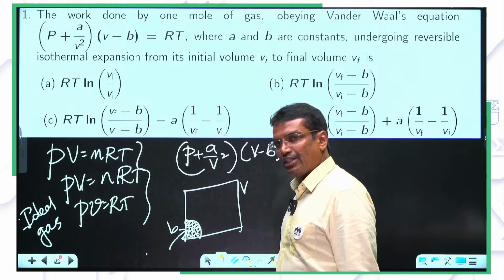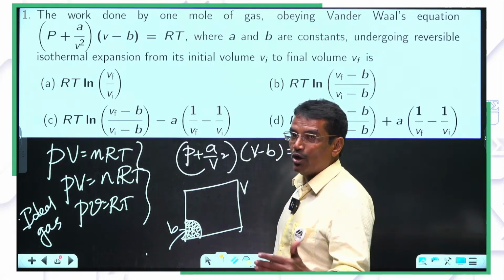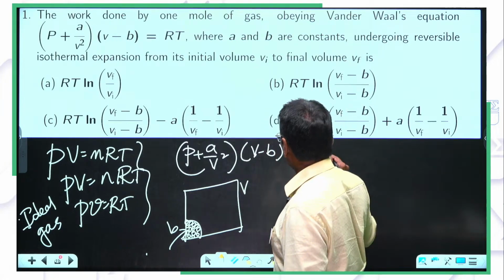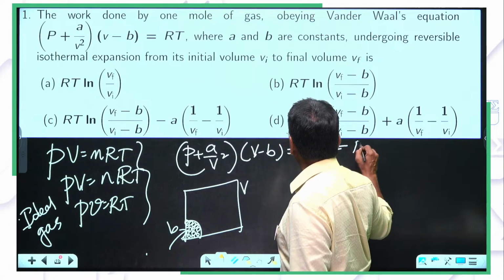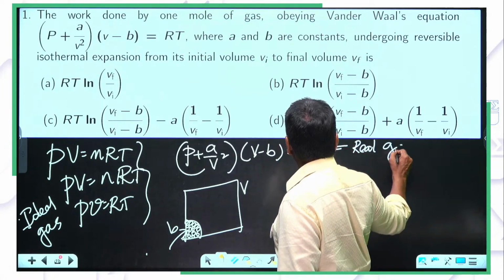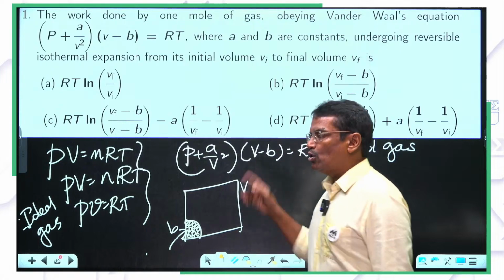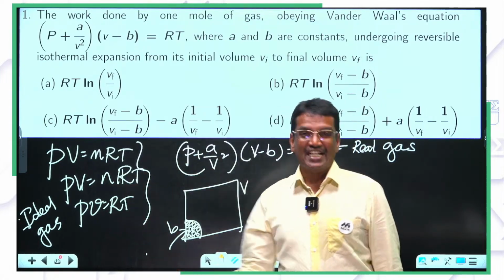And a is the term pertaining to the intermolecular cohesive forces. So finally, this is the van der Waals equation of state meant for real gas. If a is equal to 0 and b is equal to 0, then it becomes the ideal gas.